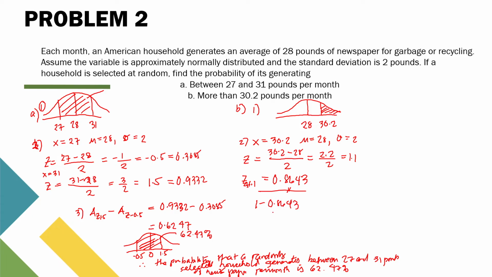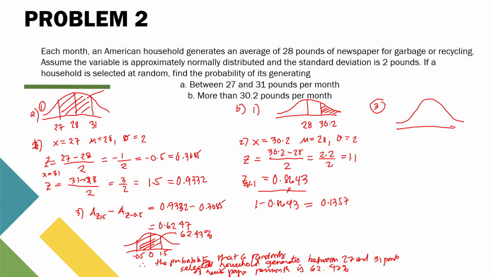So we have to subtract it from 1. So the result of this one is equal to 0.1357. So step number 3 is we need to convert this.